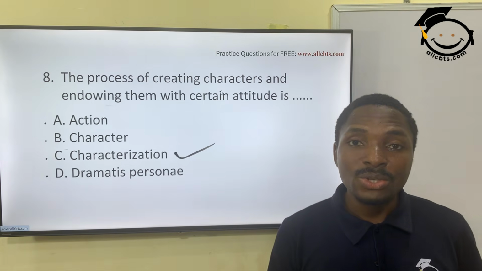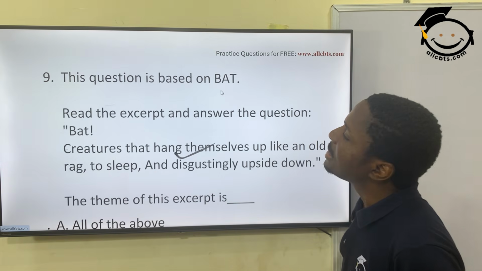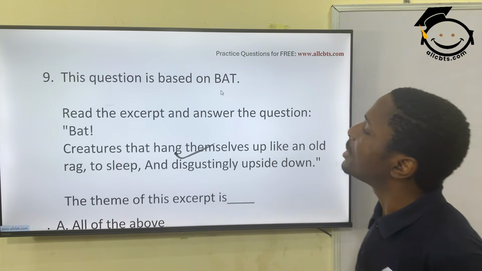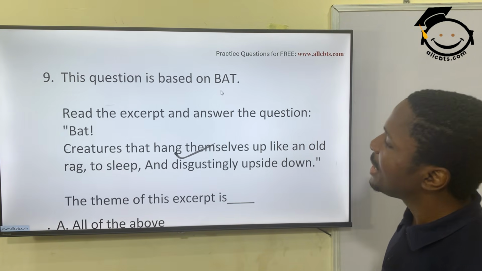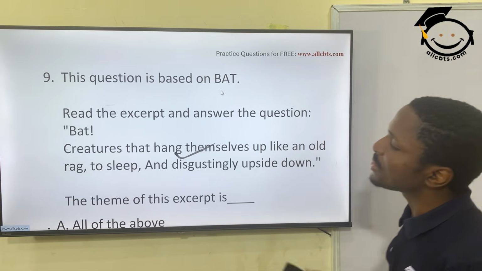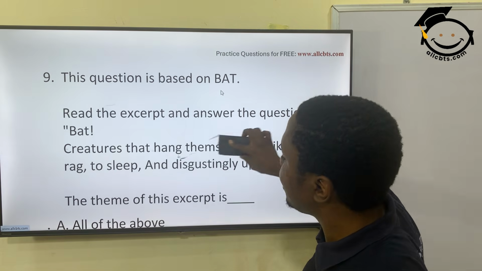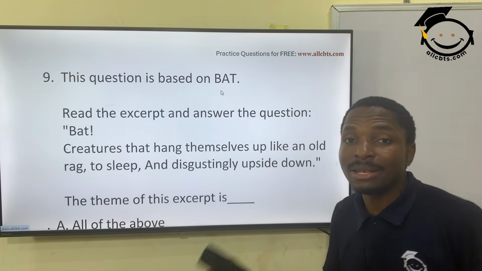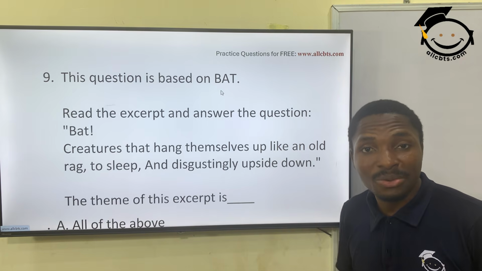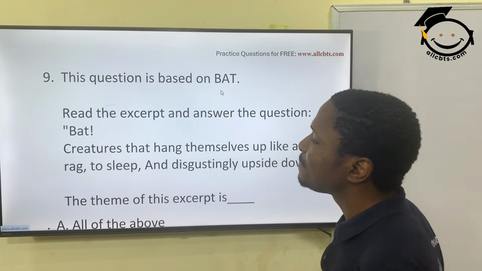And then question 9. This question is based on bats. Read the excerpt and answer the question. Animals called bats, bat birds, night birds.